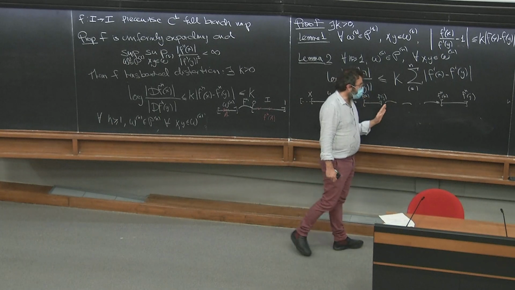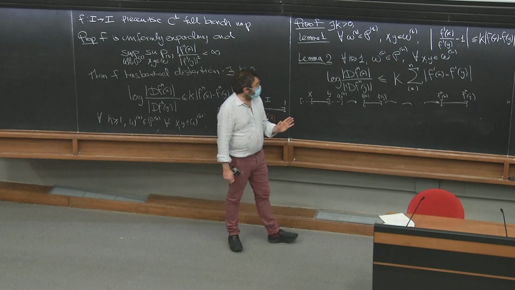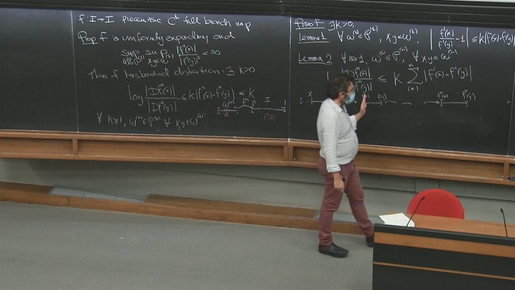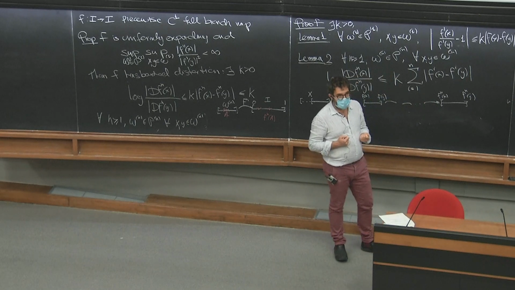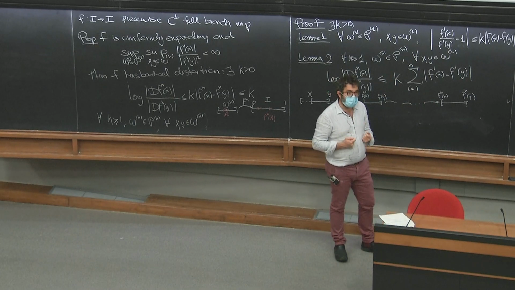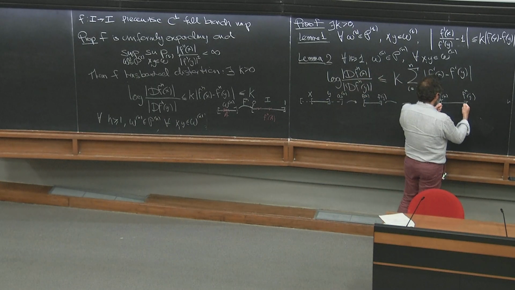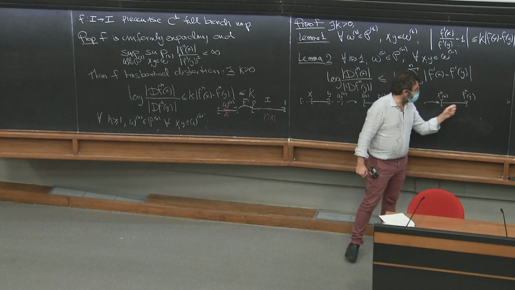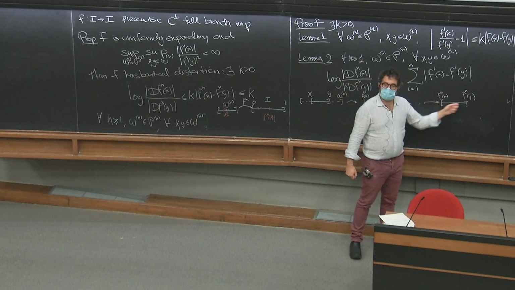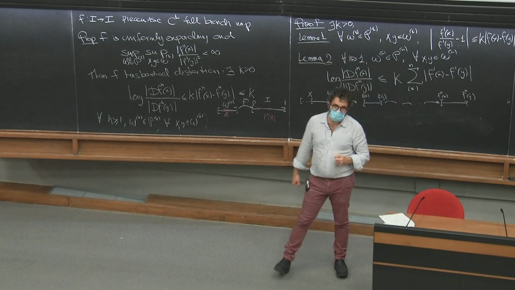So the point is the following: it's true that these are exponentially growing, right? But it's also true that the last term is bounded. What's the bound for the size of this last interval here? Is it less than or equal to what?